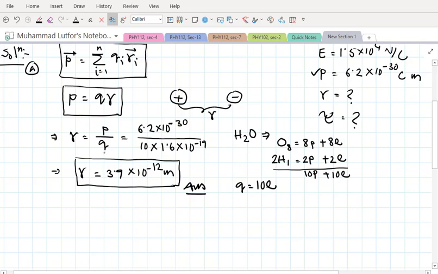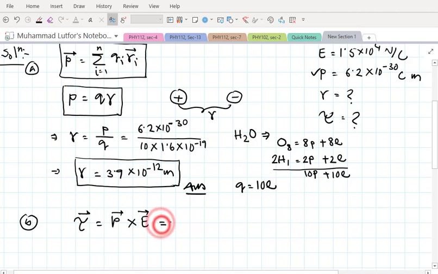Fine. What about the second one? For the second one, we know that the torque on an electric dipole is expressed by the formula dipole moment cross electric field, τ = p × E. This is a vector product.